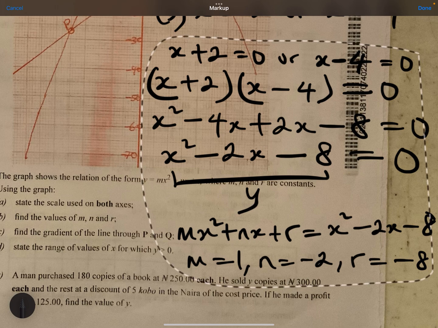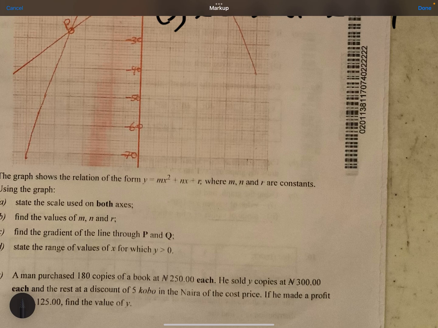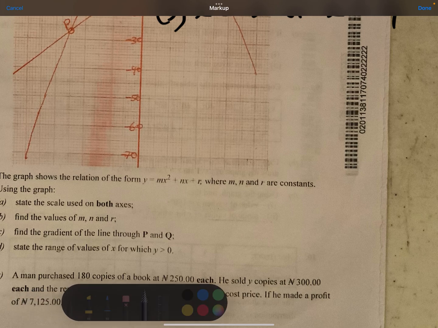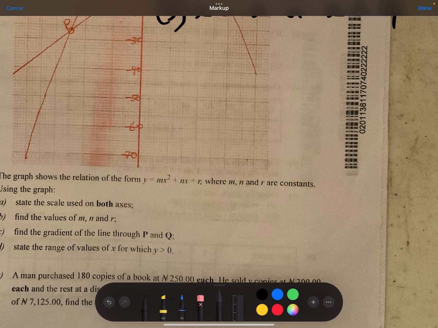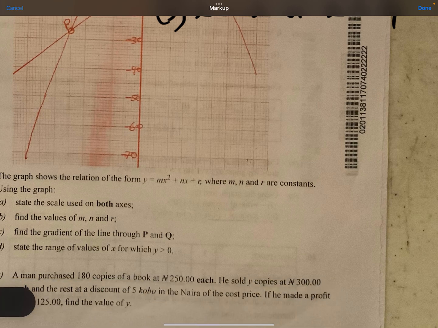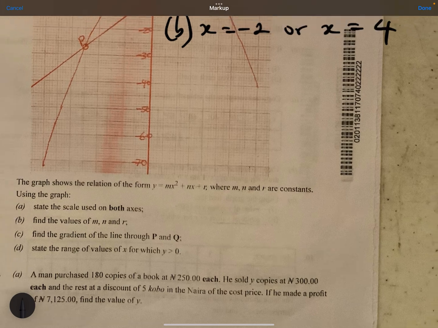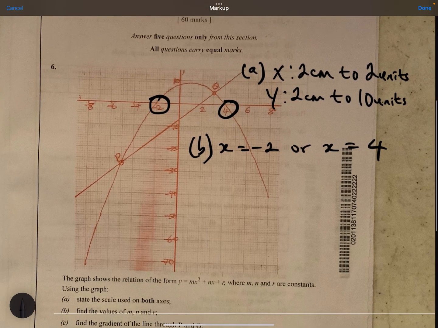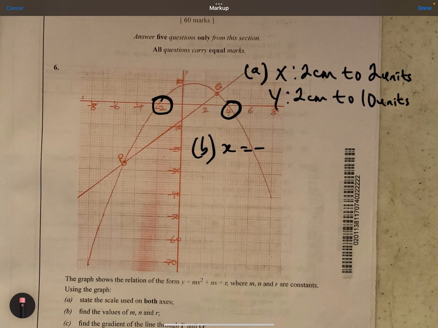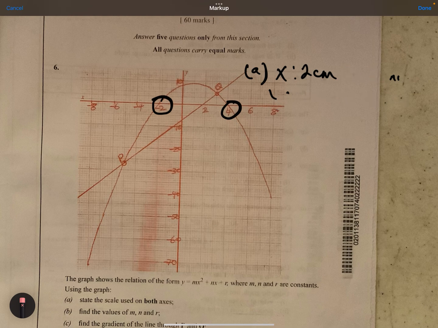Now let's answer the next question, C. Find the gradient of the line through P and Q. Now we want to find the gradient of the line PQ.